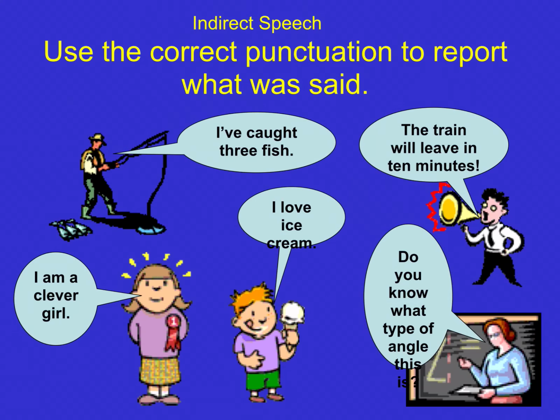Try to report them, write them, using reported speech. Remember the change of verbs into past tense, and the change of pronouns from the first person to the third person. Now get your paper and start writing.